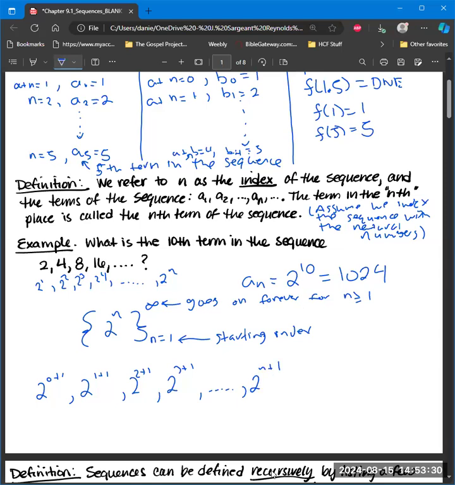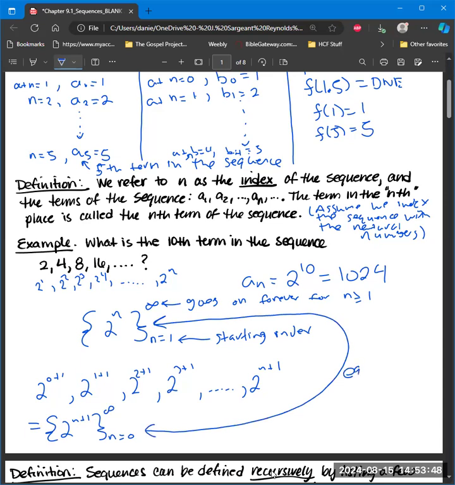So this is 2 to the n plus 1 with n equals 0 to infinity. And these two are equivalent sequences. They're just indexed differently: the first one is indexed on the natural numbers and the second is indexed on the whole numbers.